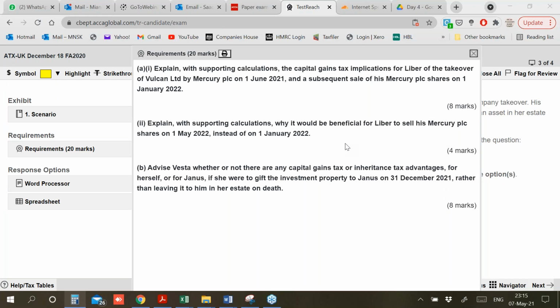Fall in value relief is that if you have received an asset as a donee from someone and they have now died and that asset has become chargeable, so now you have to pay the IHT, you can claim a relief called fall in value relief from HMRC. You claim that the asset has fallen in value, and HMRC will allow you to reduce the value of the asset to the value it has fallen to at the death.